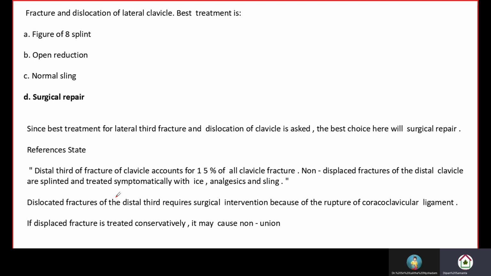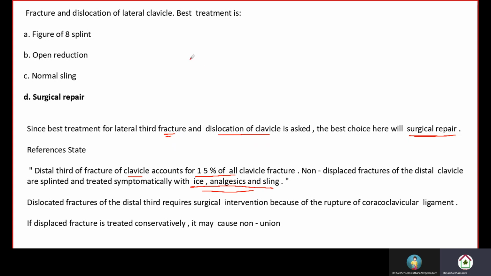Since best treatment for fracture and dislocation of the lateral third of the clavicle is asked, the best choice will be surgical repair. Distal third fracture of clavicle accounts for 15% of clavicular fractures. Non-displaced fractures of distal clavicle are splinted and treated symptomatically with ice, analgesic, and slings.